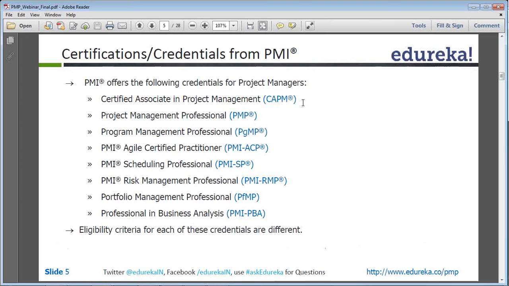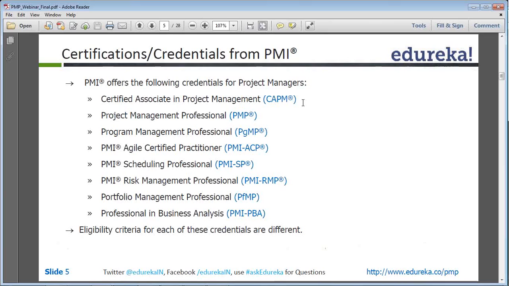Now for PMP, you can see that there are some other well-known credentials, which some people say are competing with PMP, such as PRINCE2. Now it is not actually competing. PRINCE2 has its own way of doing things, and I feel that it's more complementary.